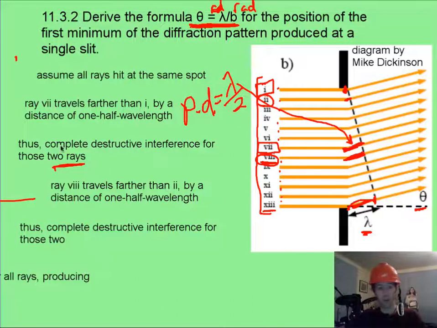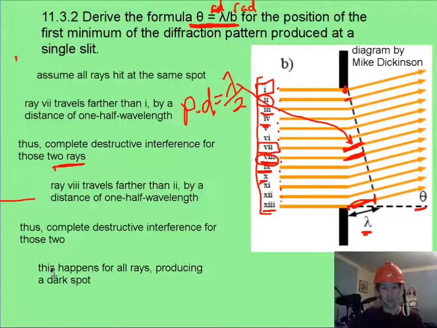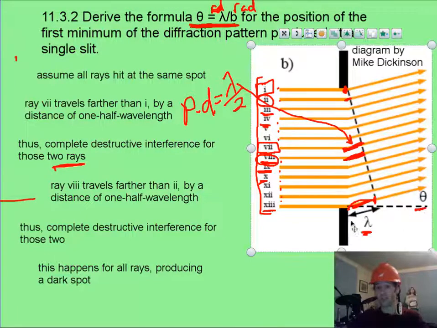And that will also happen for ray 3 and ray 9, ray 4 and ray 10, etc. So all these different rays are destroying each other to make a dark spot. And just to finish this up, this happens for all of those rays, making that dark fringe at an angle of what we're calling theta, when we end up with a wavelength path difference down here.